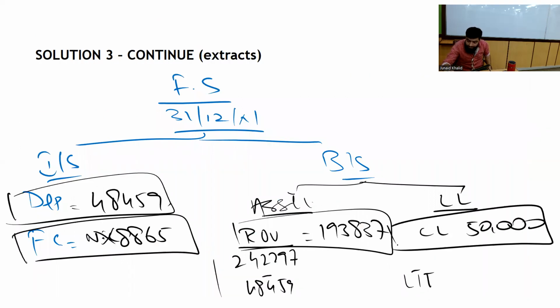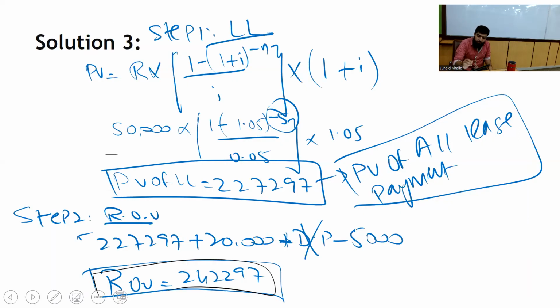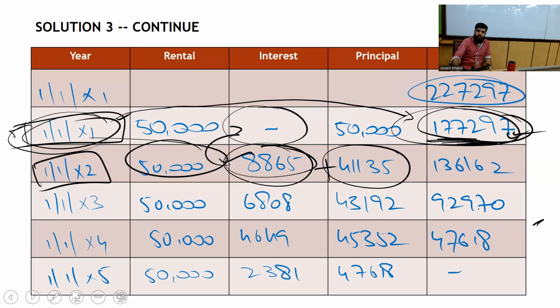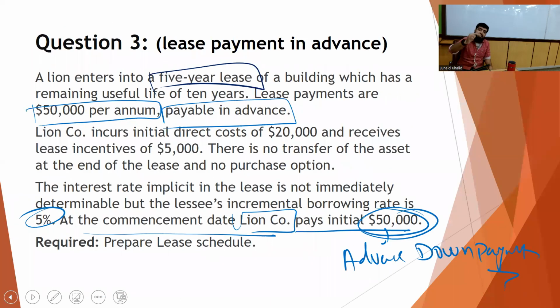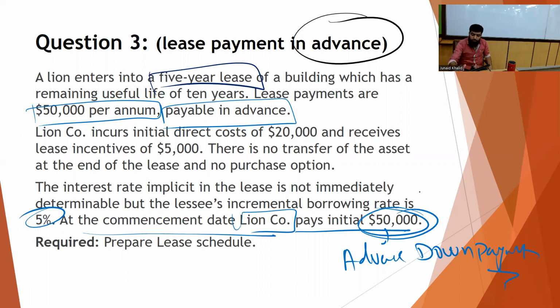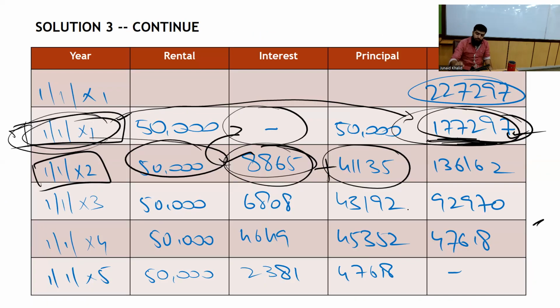Point to be noted. If we are solving the question of advance, remember the current liability would always be the rental of the next accounting period. Mark my words. In case of the advance, the current liability would be the rental of the next accounting period.